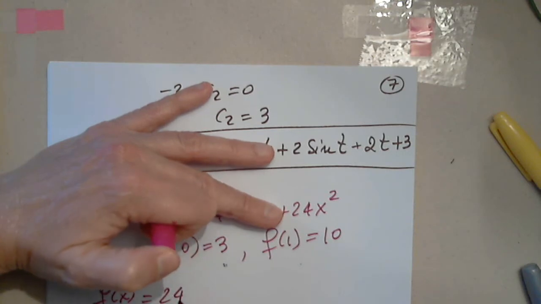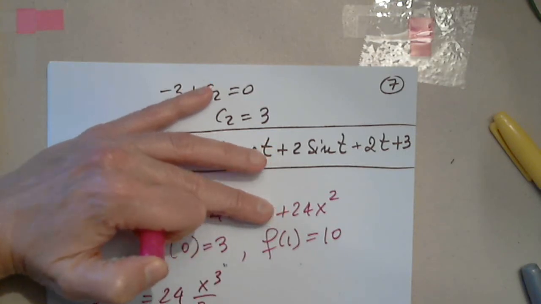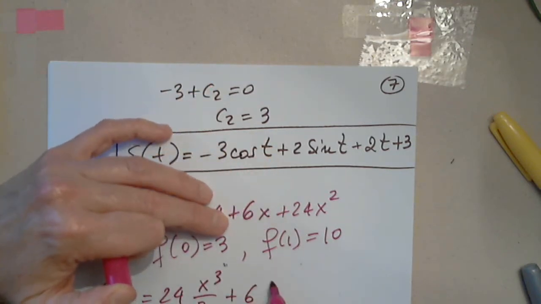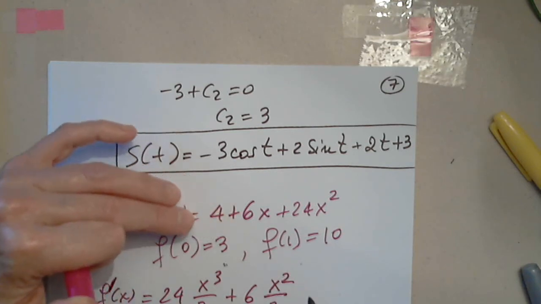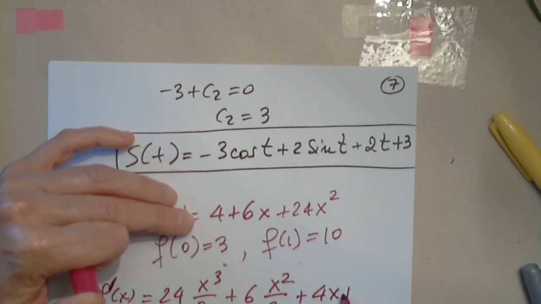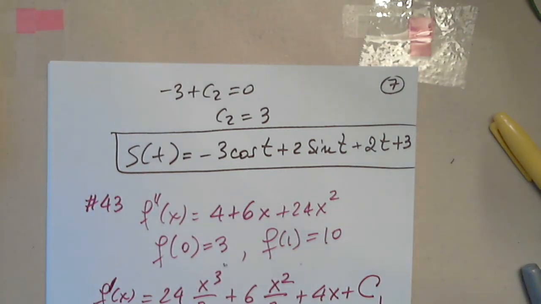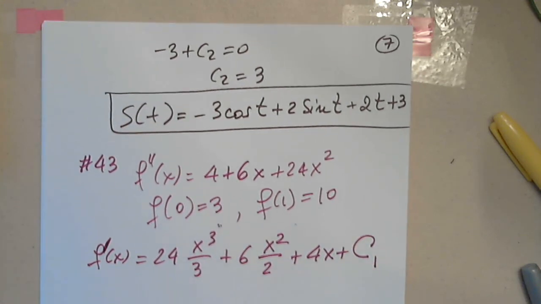So 24 x to the third over 3 plus 6 x squared over 2 plus 4x plus c1. I will clean it up, simplify. So this will be 3x squared plus 4x plus c1.